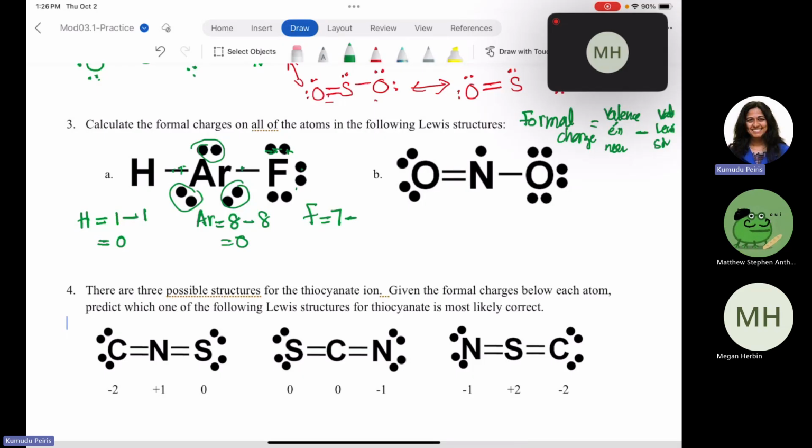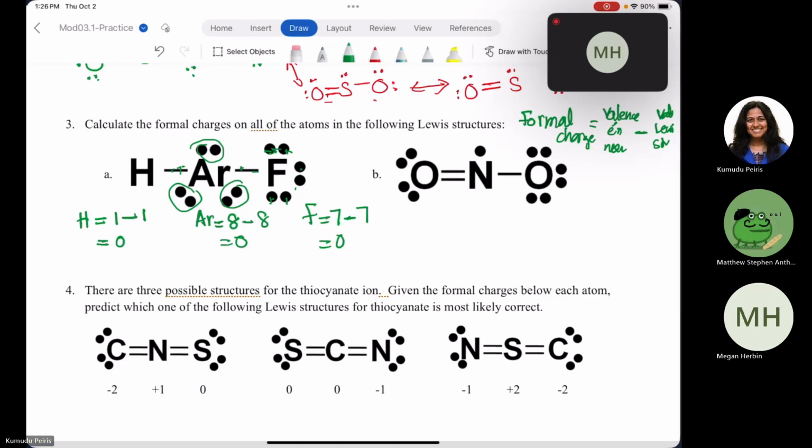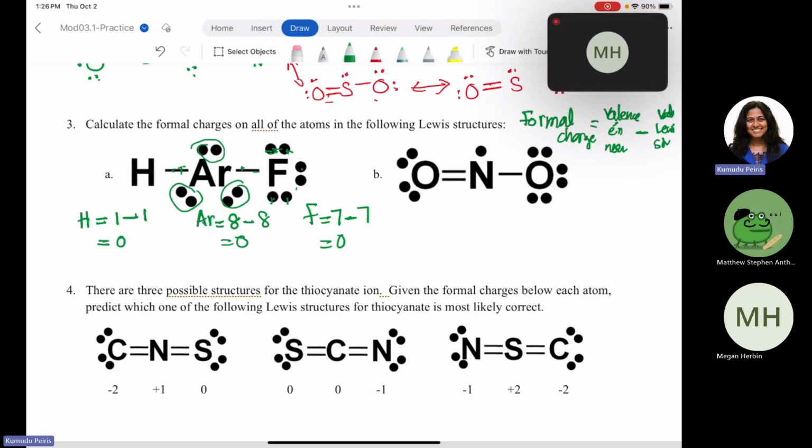So 1, 2, 3, 4, 5, and 6. And it had made just one bond. So 6 plus 1 is 7. Okay. So the formal charge of the fluorine in this molecule is 0. Questions?